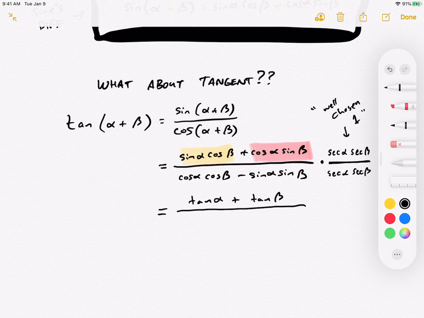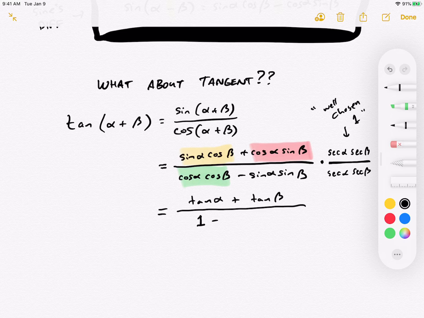And in the denominator, when I multiply my well-chosen one by this term here, let's try that again, well, secant times cosine is just 1. So secant alpha times cosine alpha and secant beta times cosine beta is just going to give me a 1 in that bottom left corner of the fraction.